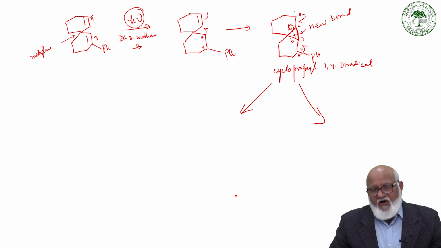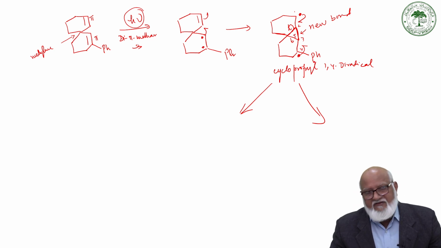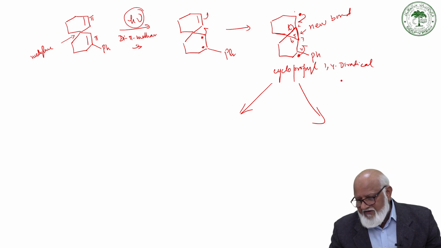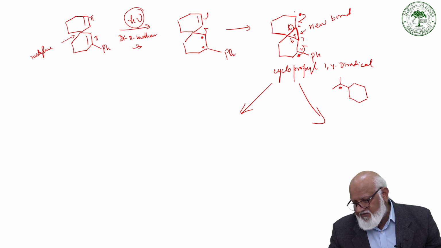Now this radical is adjacent to a phenyl group, and we know that any radical adjacent to a phenyl group is resonance stabilized. Say, for example, this radical will resonance stabilize like this.